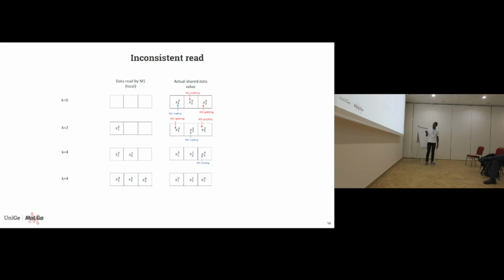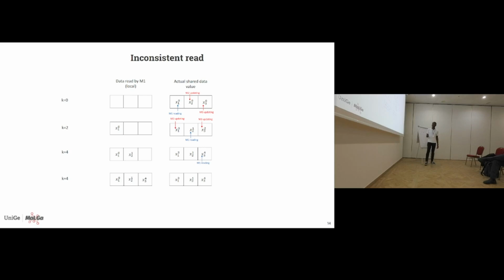But while reading the first coordinate, we allow the other machines to update the data. Let's say M2 is updating the second, and M3 is updating the third. So when you read the first, you put it locally, and you move on to read the second. M3 is updating this one, and M2 is updating the other one.